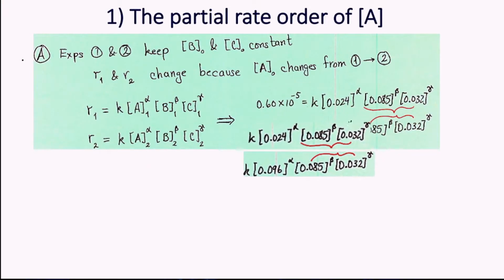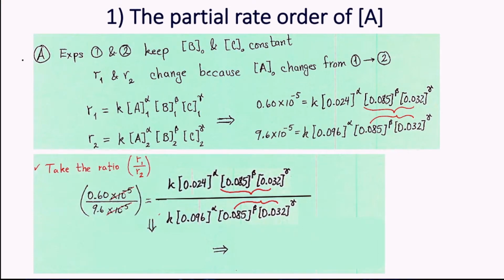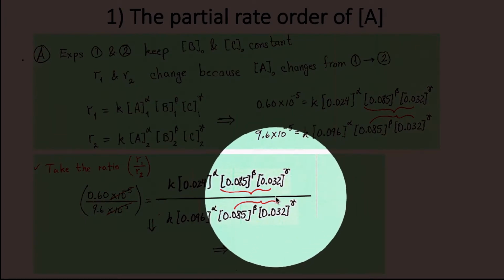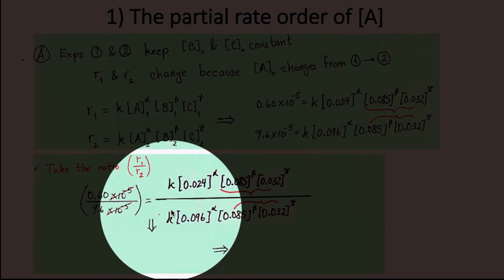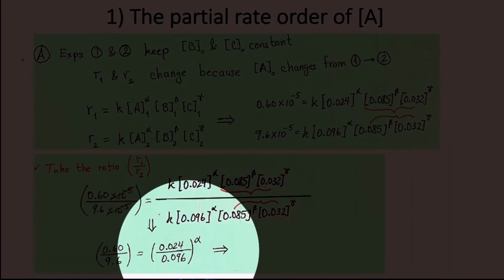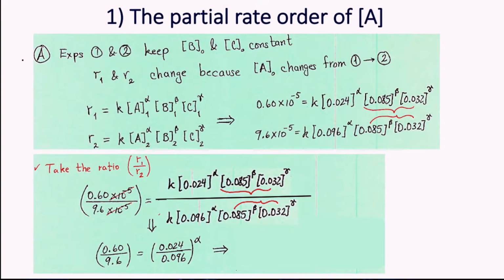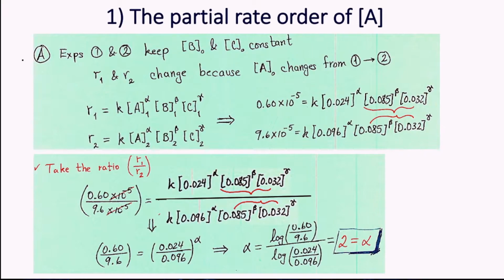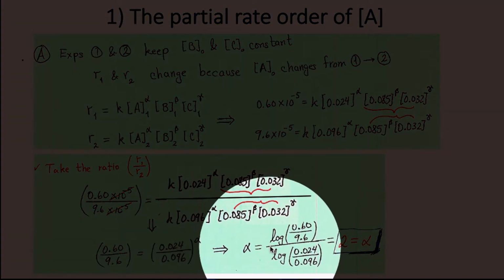When I take the ratio between those two, given the concentrations of B and C are constant, you can cancel them out. The value of k also gets canceled out. So this expression gets reduced to a number on the left-hand side, and on the right-hand side an expression that contains alpha. So I can solve for alpha using the log-log equation.